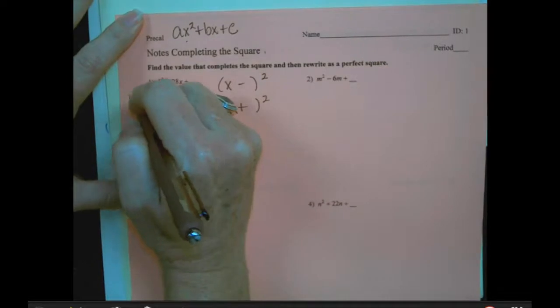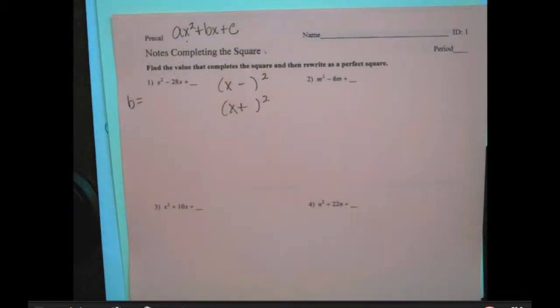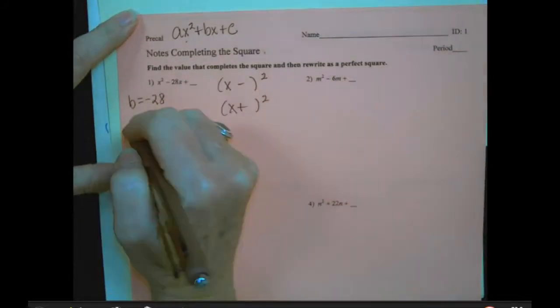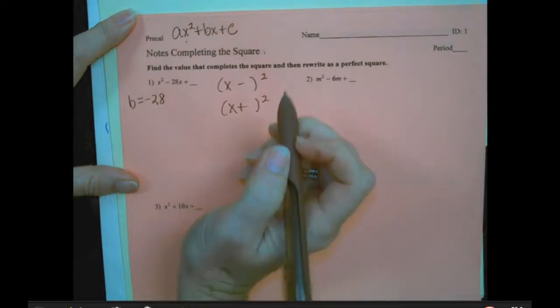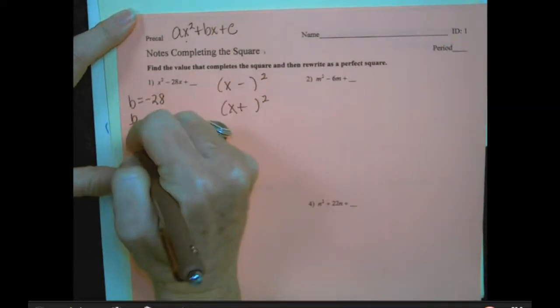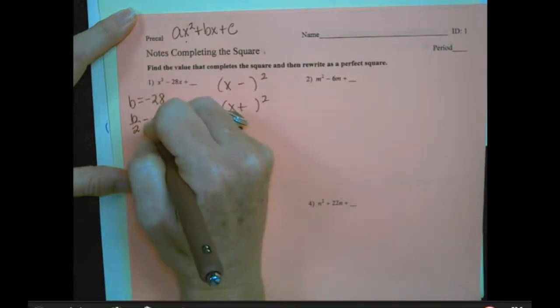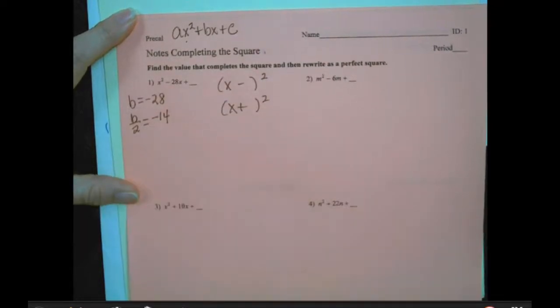Instead of focusing on the a times c, just write down the b. The b is negative 28. Then I write down the b divided by 2, which is negative 14.